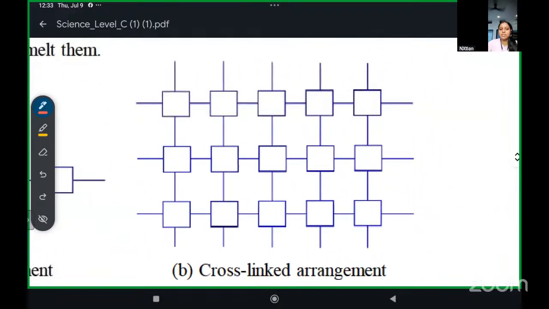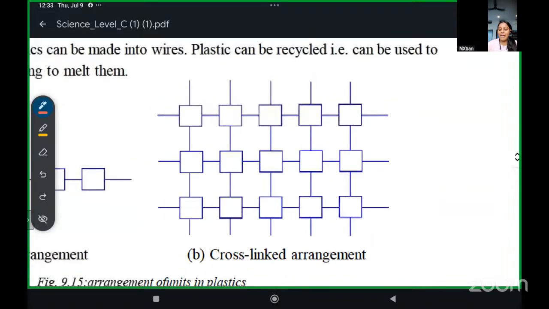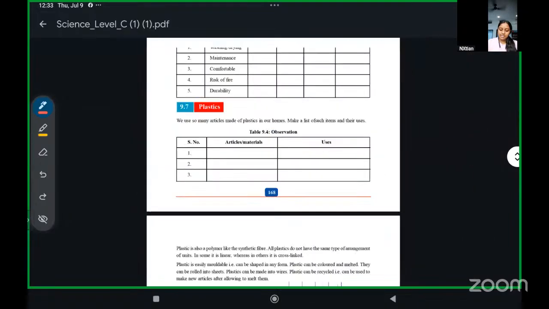Small units in the form of a chain that are linked together to form a fabric. These are the small units. So this is the structure of artificial or synthetic fibers.